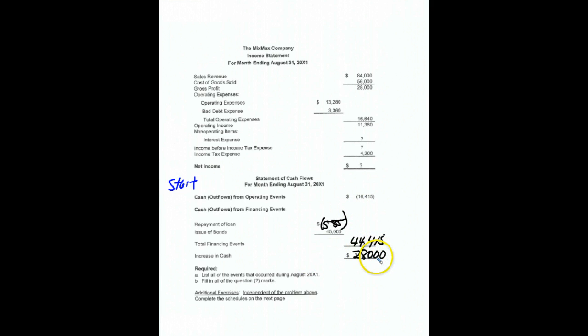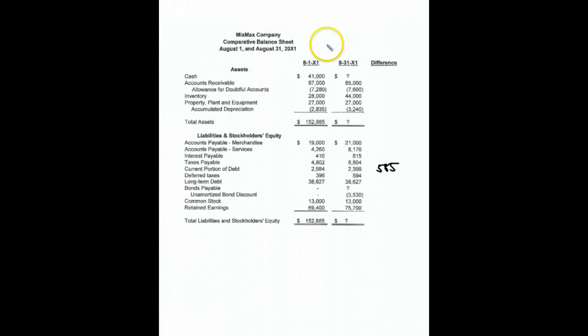Once you know the change in cash, now I can go back over to my balance sheet. I know the difference is $28,000. Once I know that, I can solve for what the ending balance was. The ending balance had to have been $69,000. 41 minus 69 gives us a difference of $28,000. And then I can add up all of these numbers to get $214,160.